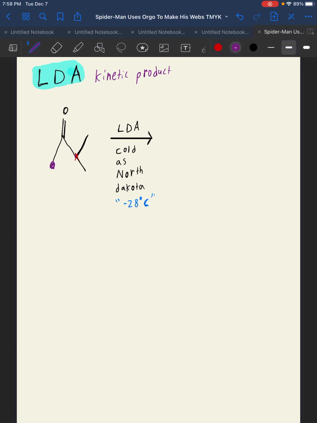So the enolate would actually look like this right here. And then in its resonance form, of course, you could also say the enolate looks like this. And that is how you utilize LDA, it prefers the kinetic product.